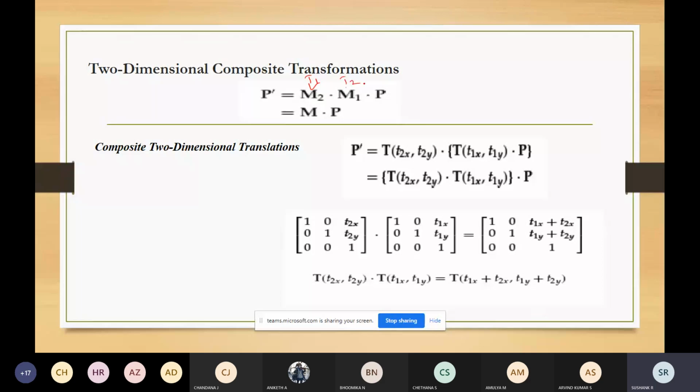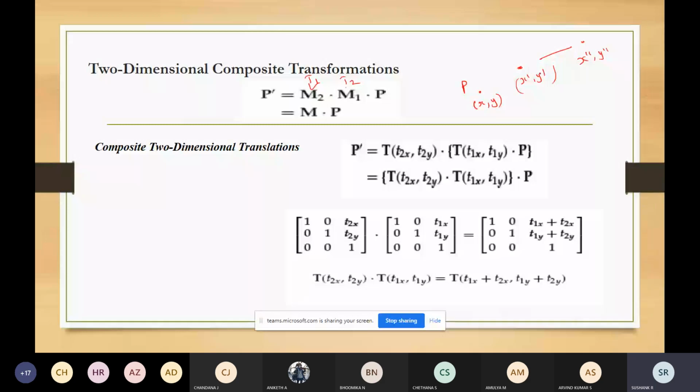For example, there is a point called P. I want to transform this initial point x comma y to some other point, x dash comma y dash. Again, from this point, I want to move it to some point called x double dash comma y double dash.